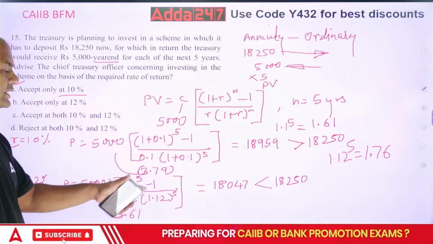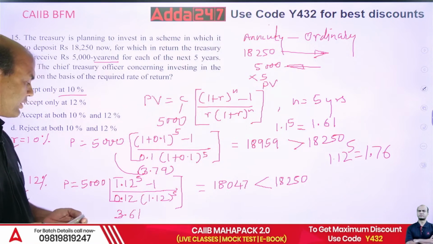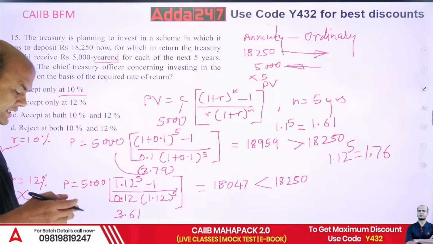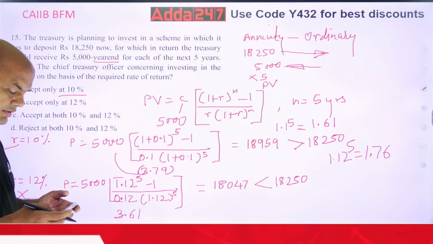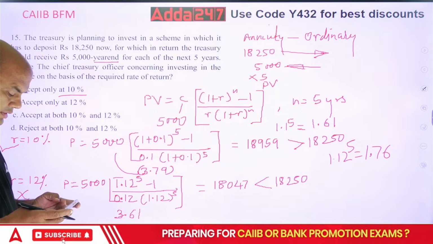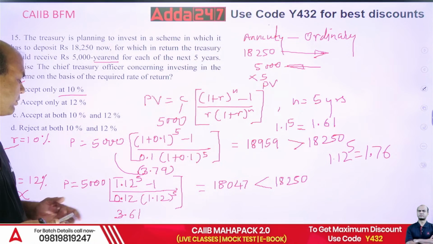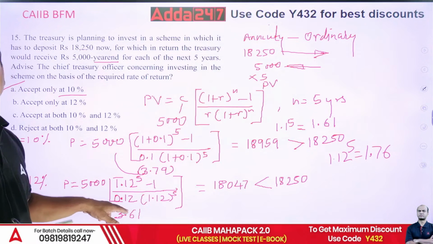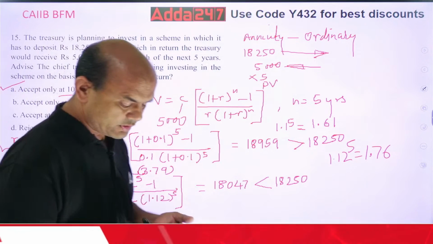Do this calculation. So this will be 1.76 minus 1, which is equal to 0.76. 0.76 divided by 0.12, everyone check this, you have to do it yourself.